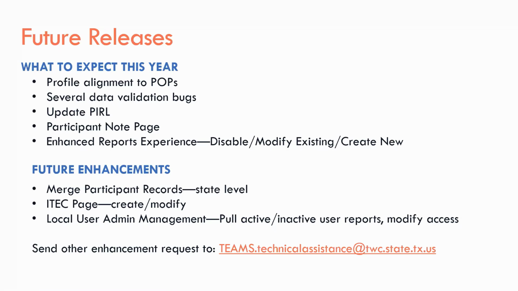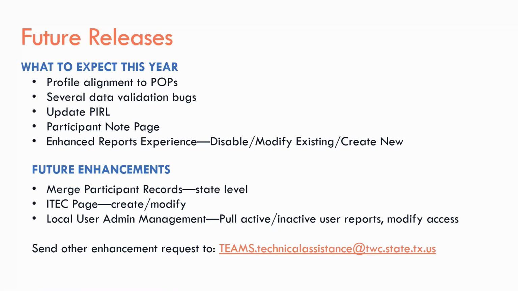But one is the merge participant records. That's a big one because, as you guys know, we have a lot of duplicate records in Teams. The merge participant records is going to allow us at the state level to merge those profiles. And hopefully, with data accuracy and integrity, those are things that are going to help us.